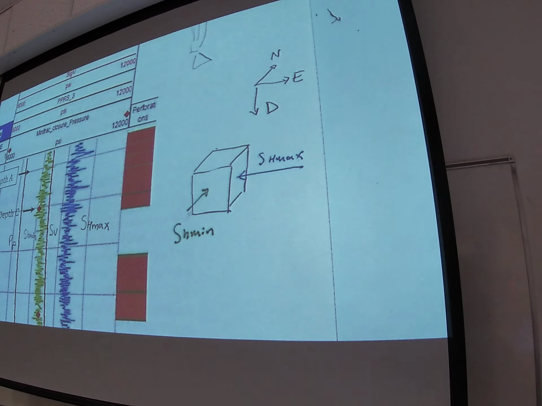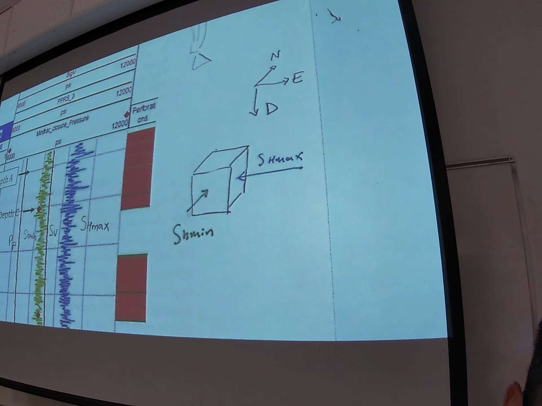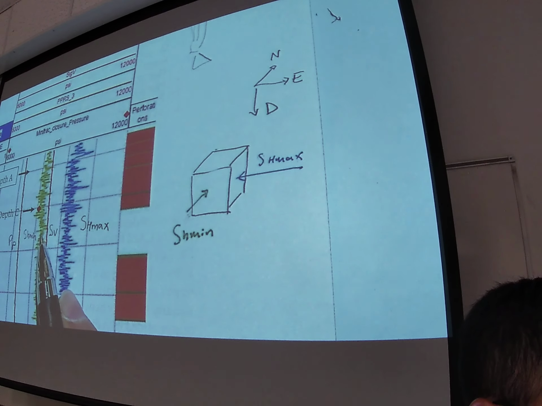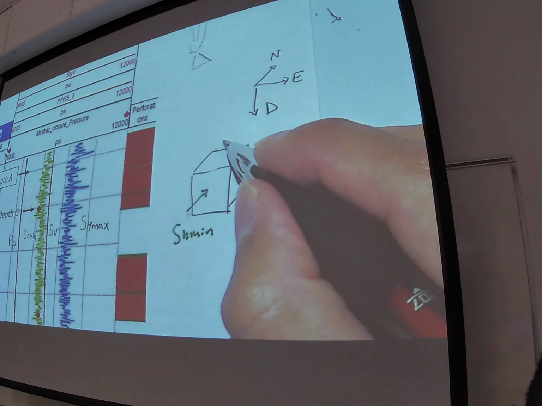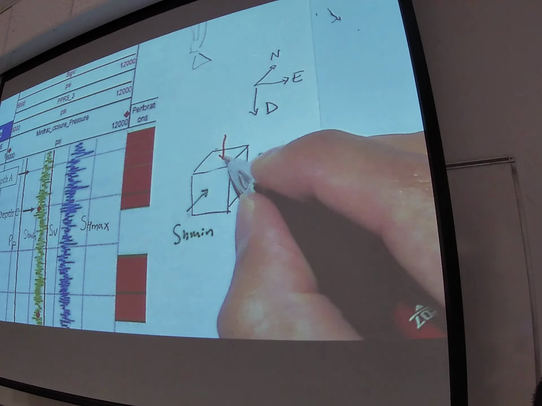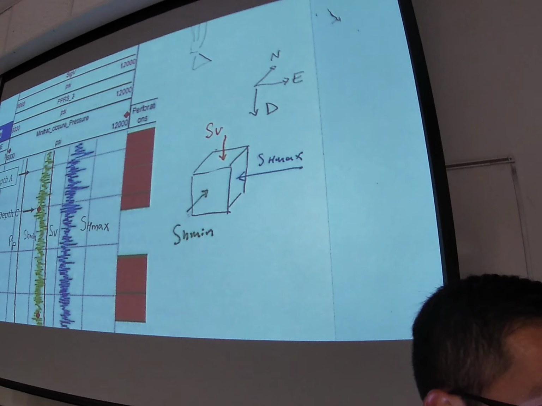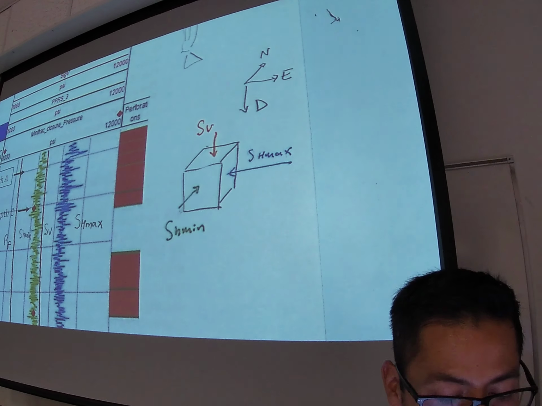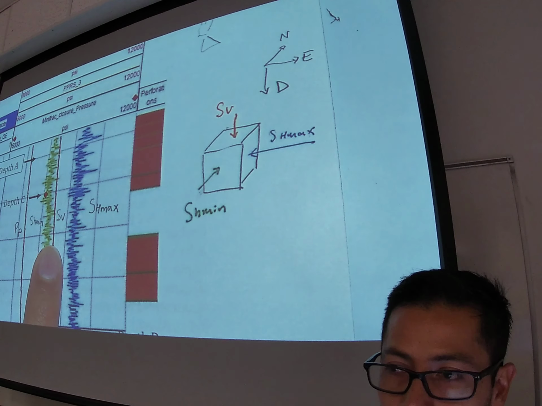And what is going to be the third one? SV. It's going to be SV, and it's the intermediate stress because it's in between the lowest and the maximum. So this is what you're seeing in this plot.